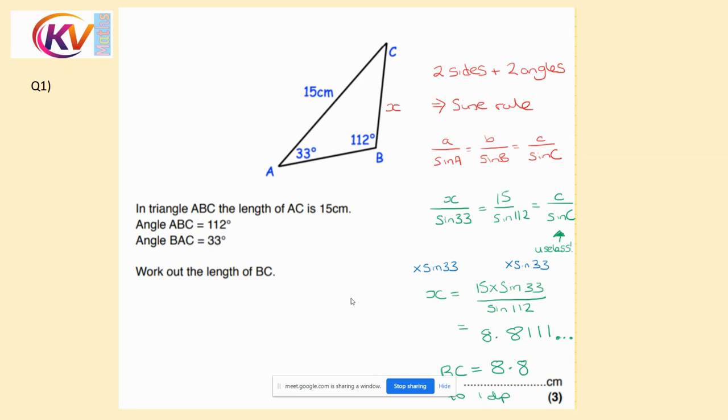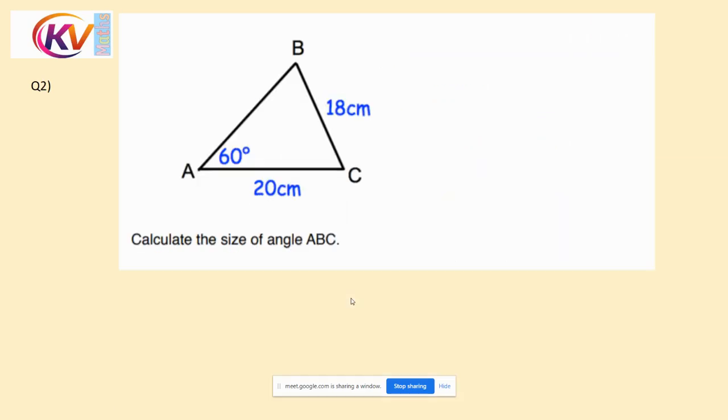Anyone got any questions on that first one? Okay, all happy for me to move on? Right, okay, second question then. So I'll give you a couple of minutes to have a look at this one and then see where you are. So see if you can figure out what it is you need to use, try and label as much as you can and see how far you can get.